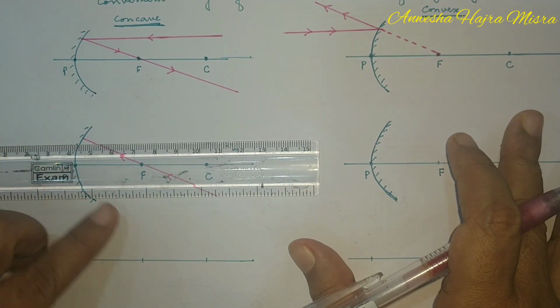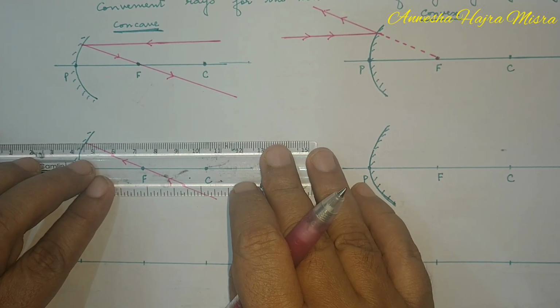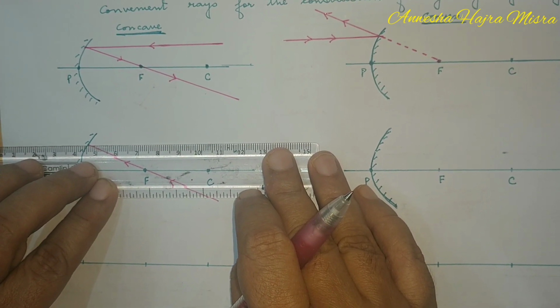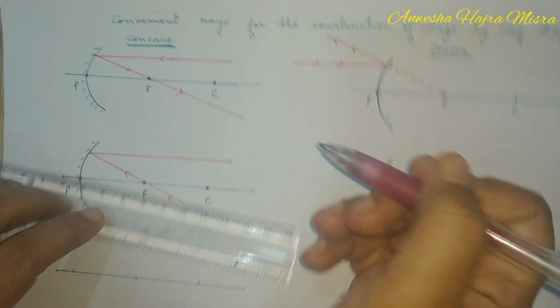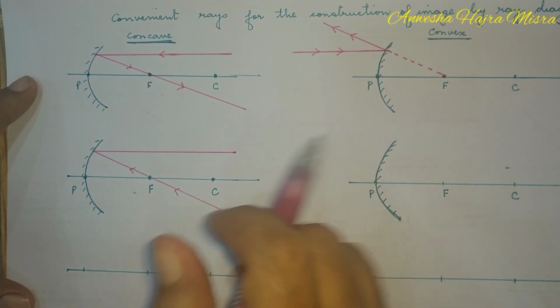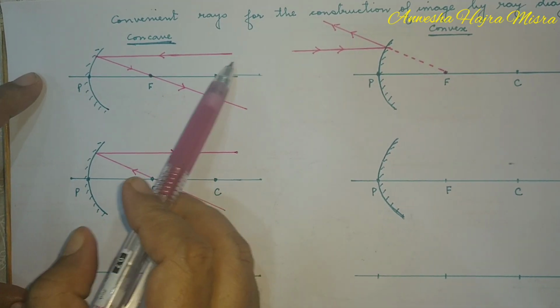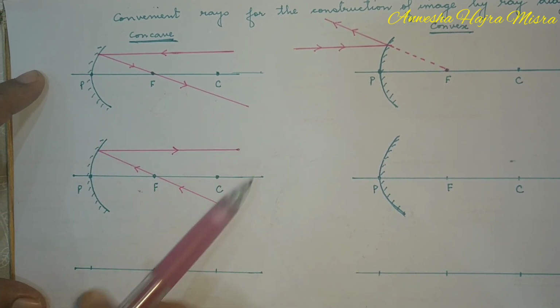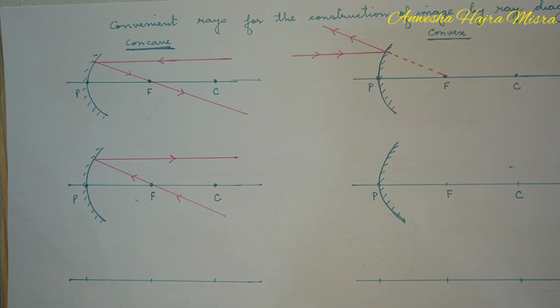That means after reflection, it will go parallel to the principal axis. This comes from the principle of reversibility of light, children. A ray parallel passes through focus and a ray through focus will go parallel. Reverse is also true.